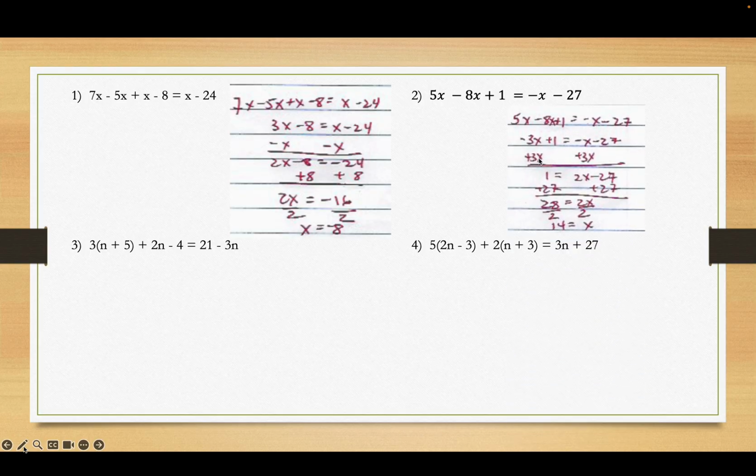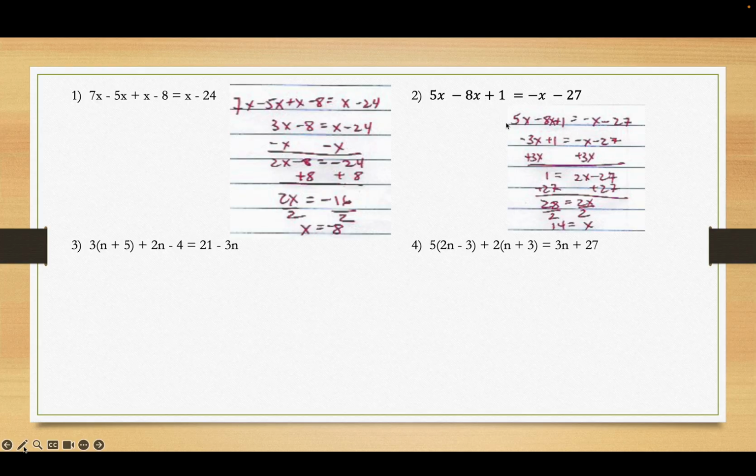Now, when we add or subtract the x's to both sides, it's not about left side, right side. That's why I made this question up. You want to always attack the smallest number of x's whenever possible because that means you'll be doing less multiplying and dividing by negatives. And we don't want to multiply and divide by a negative if we can avoid it because it's a slightly increased chance for a sloppy mistake.